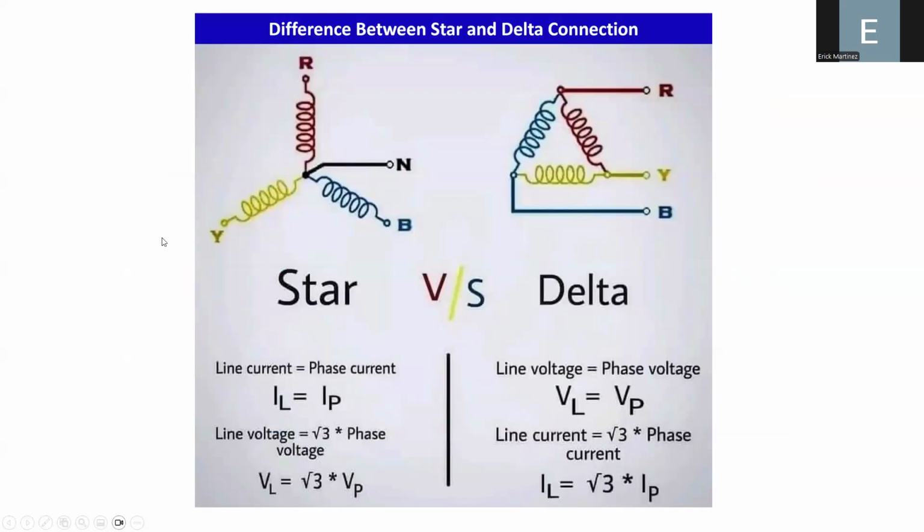The only difference is that here we are specifying that for the star connection, the line voltage is equal to the square root of 3 times the phase voltage, and for the delta connection, the line current is equal to the square root of 3 times the phase current.